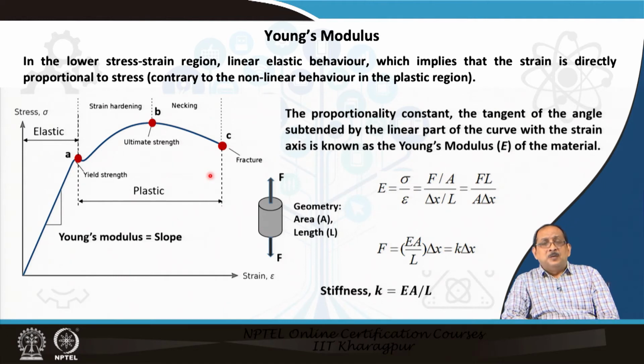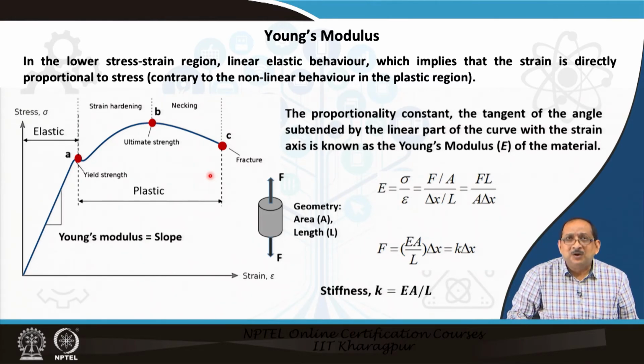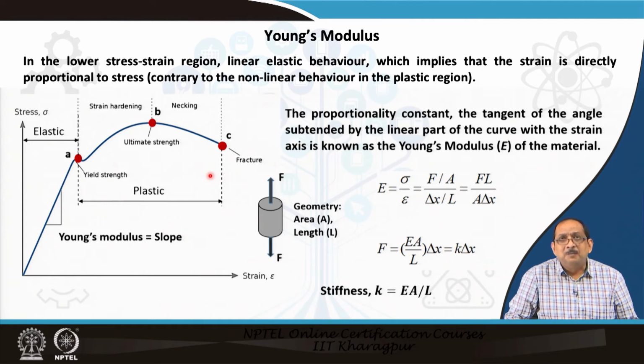The proportionality constant in this linear elastic zone is actually the tangent of the angle subtended by the linear part of the curve with the strain axis, and this proportionality constant is known as the Young's modulus of the material.